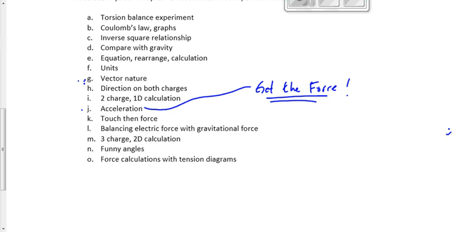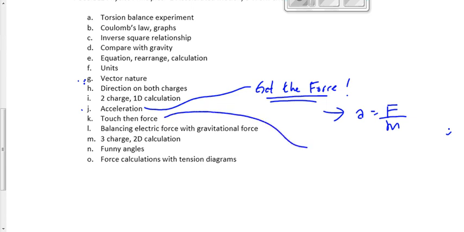Okay, may the force be with you. If the force is with you, then you can get the acceleration easily by saying A is equal to F over M. That applies to this situation, but anything else as well. If you want to find an acceleration in physics 30, get the force. And then you just use A is equal to F over M to find the acceleration.